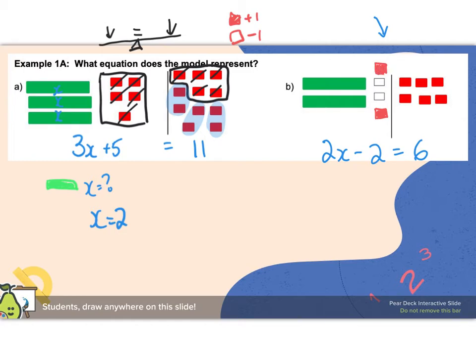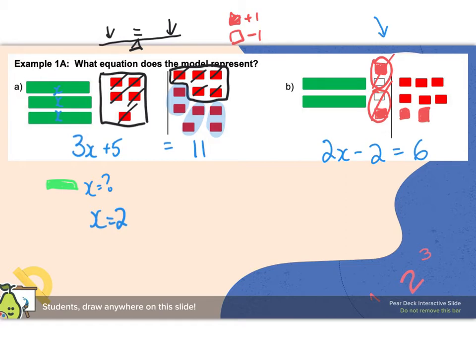If I have a +1 and a -1, like these two, this is what we call a 0 pair, and they just cancel each other out. So if I add 1, take away 1, you're at 0. Same thing here, adding 1, taking away 1 brings you to 0. But if I do this on the left side, I still need to add the 2 red tiles to the right side. So I'm going to go ahead and do that.